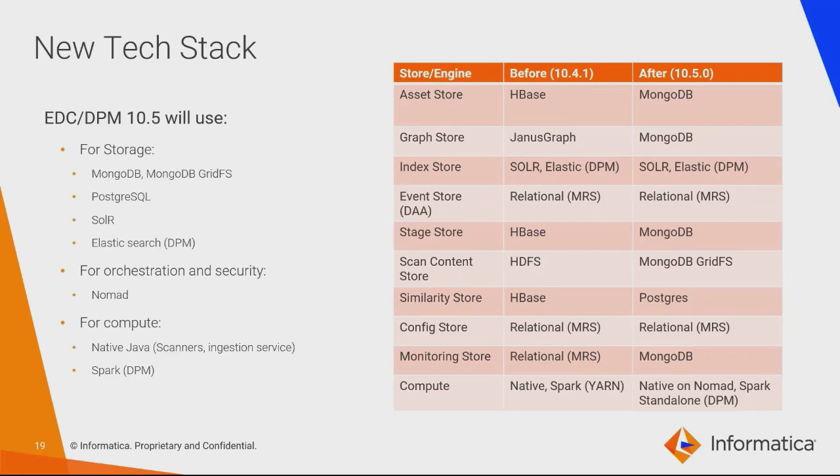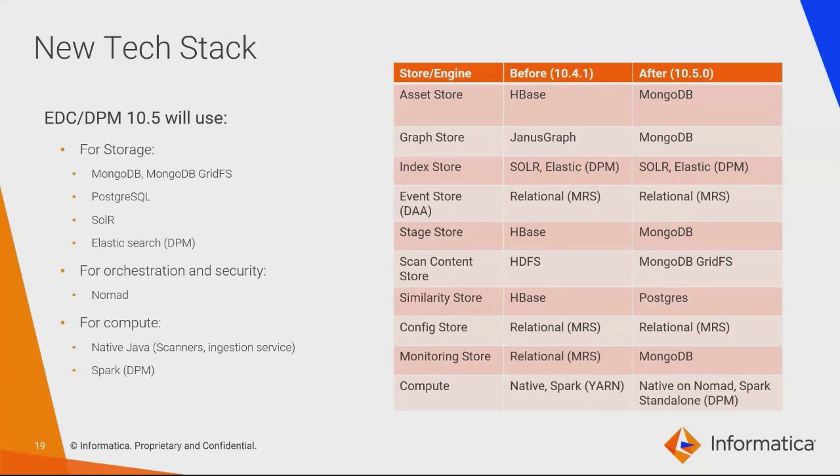Here you can see that in the backend of EDC, there are various stores that allow us to store the metadata that comes from your systems, and to manipulate this metadata so that we can render it and allow your users to search through it.